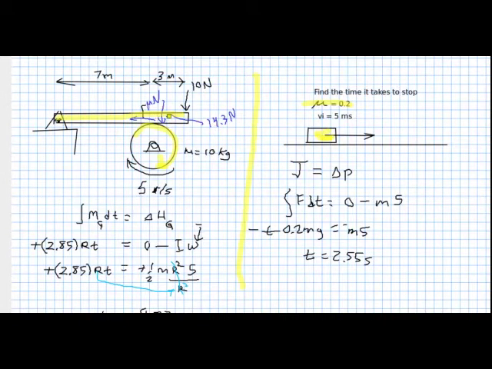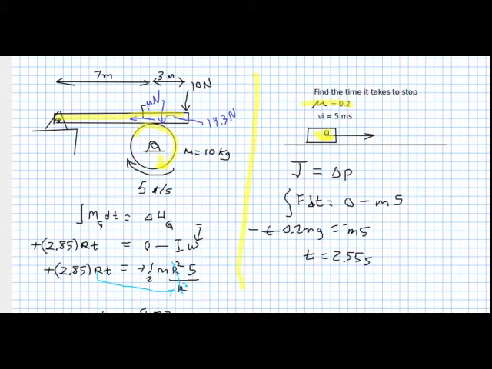So as it slides, there'll be a force of friction opposing the motion of the disk equal to mu times the normal force. And since the normal force is 14.3, and because I love 0.2 as my coefficient of friction, that force would be 0.2 times 14.3, which is 2.85.